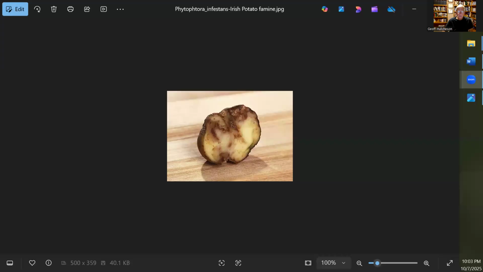And part of the reason for those bad crops was a blight, potato blight. And I have a picture of a potato suffering from potato blight. And there it is. You can take a look at it and you can see you don't want to eat that. It was indeed rotten.